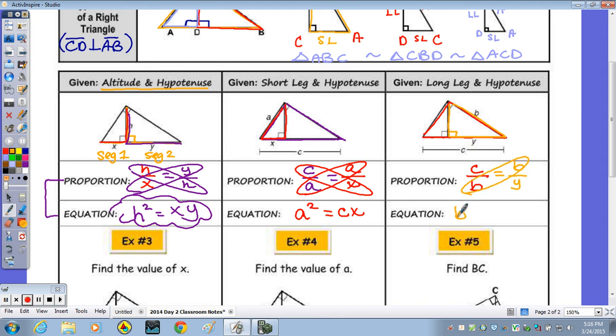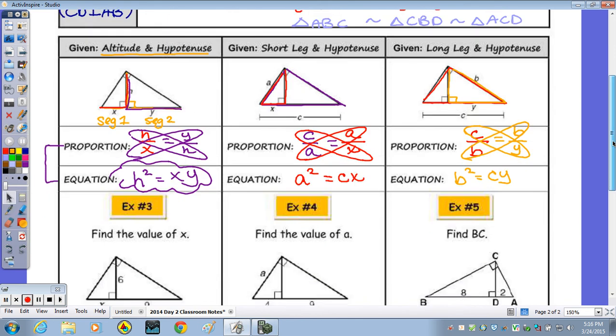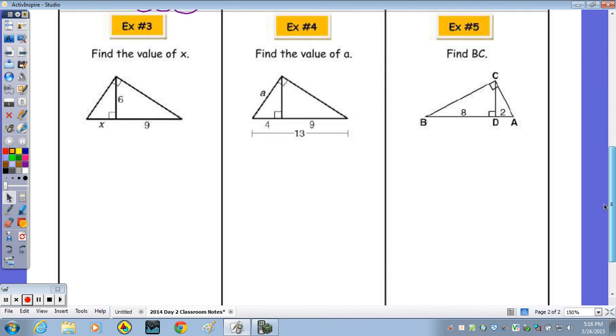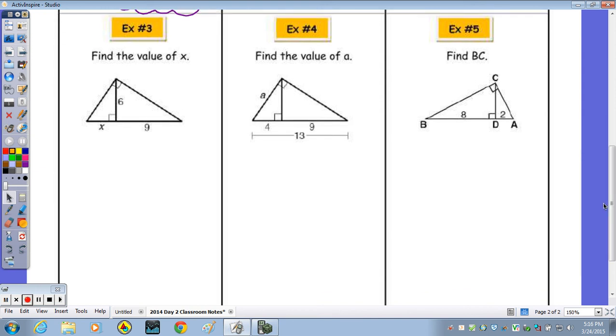Cross product is b squared equals c times y. So again, I always look at the pictures in terms of long leg to short leg, or long leg to hypotenuse, short leg to hypotenuse. If you need to, you could also draw them separately as we did at the very top of the page. So given the three examples, they follow along with the proportion equation that's above it.